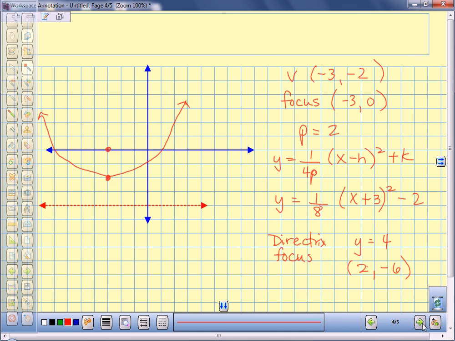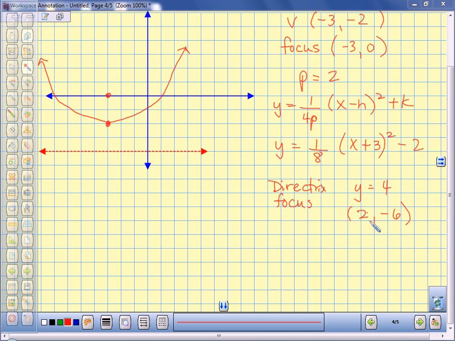So if we look at this, we want a vertex that's halfway in between the point 2, -6, and the line y = 4. So the vertex would be halfway. So it's going to be 2, and what's halfway in between these two? -1. So now we know the vertex.